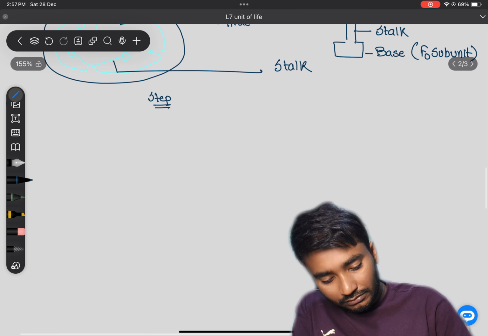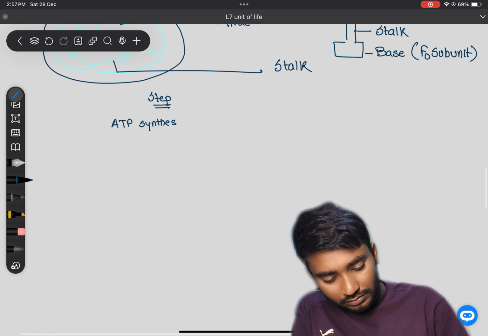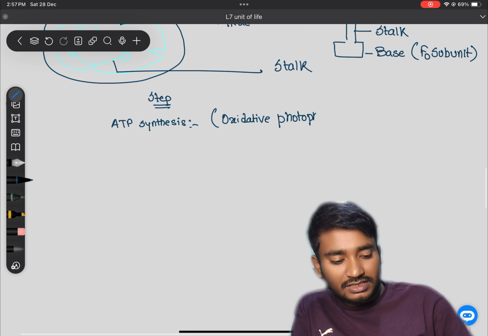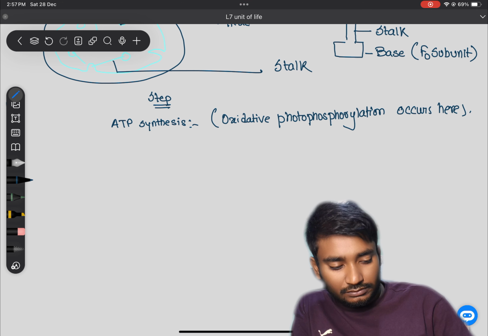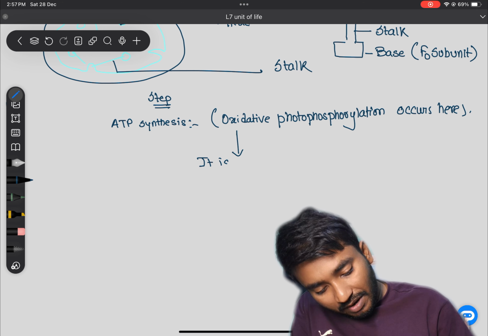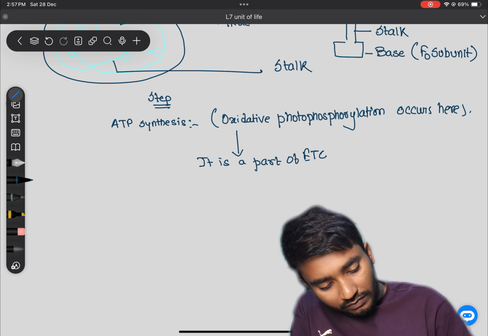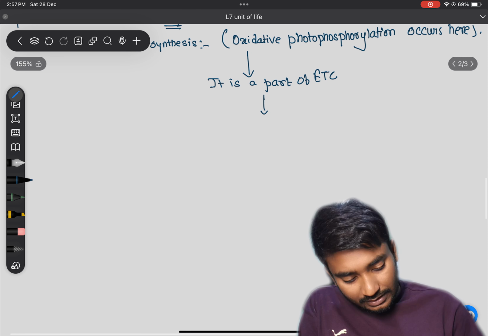Step: ATP synthesis, that is oxidative phosphorylation, occurs here. It is a part of the electron transport chain. The site is the inner membrane.